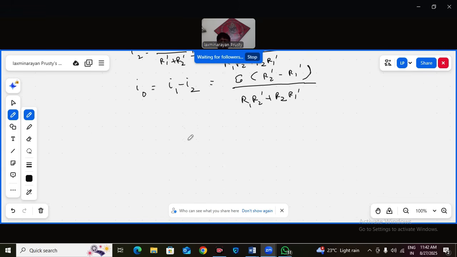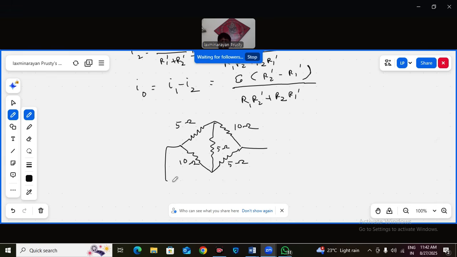Let's take the example. Again, I am drawing this diagram. Five ohm, 10 ohm, R naught 5 ohm. This is 10 ohm, this is 5 ohm. So unbalanced but symmetric.